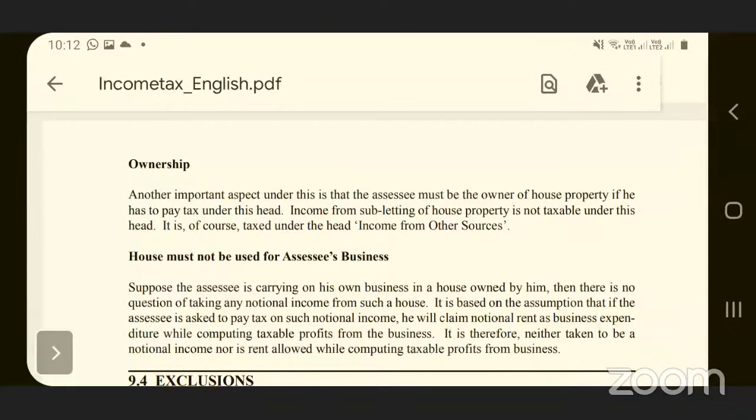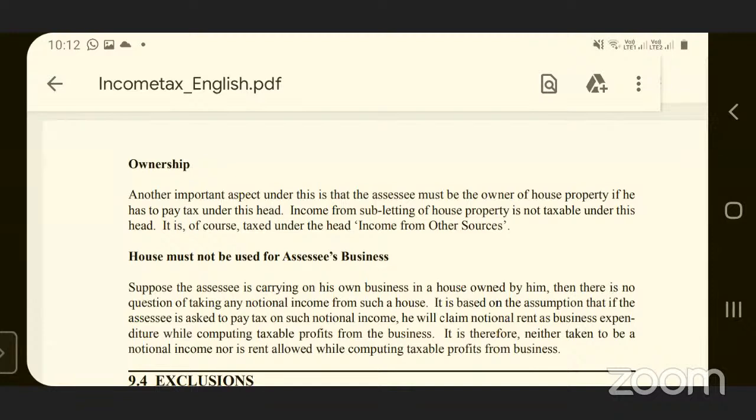Next aspect is ownership. This is very important because unless and until the assessee is the owner of a particular building, whatever rent he is receiving from that building is not considered as income from house property. Sometimes the subletting aspect also arises in our daily life.